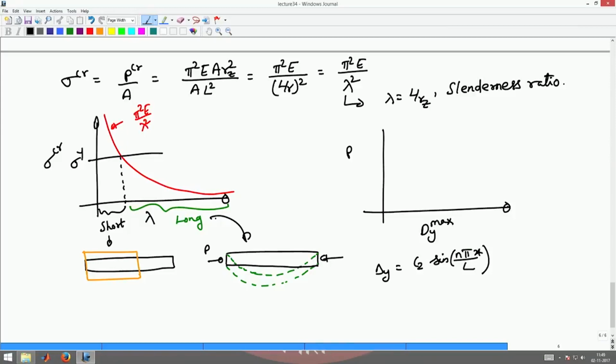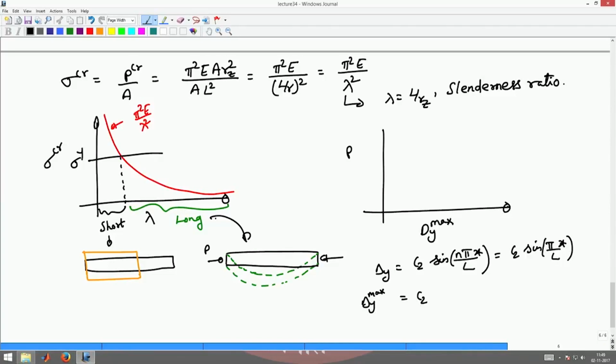Now, in particular we are looking at the first mode shape. So, this is C2 sin pi x by L. Okay. So, basically now what happens is delta y max would be C2, right, at L by 2, or at L by 4 or 3L by 4, the delta max value would be C2. Okay.